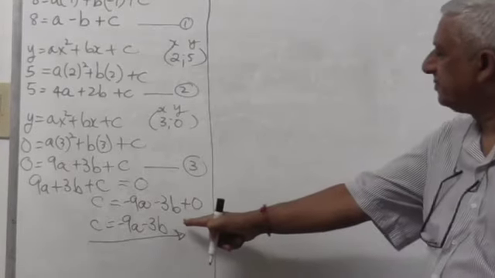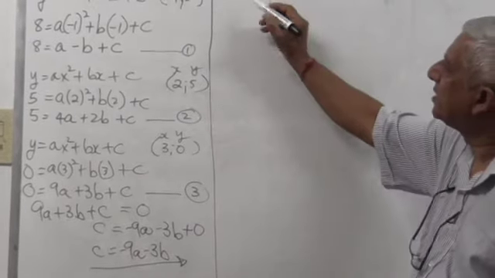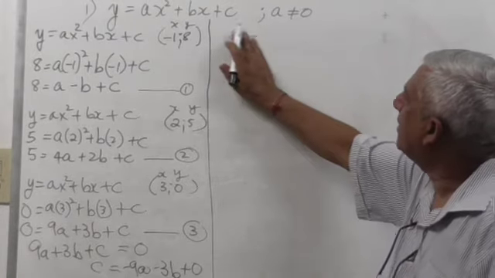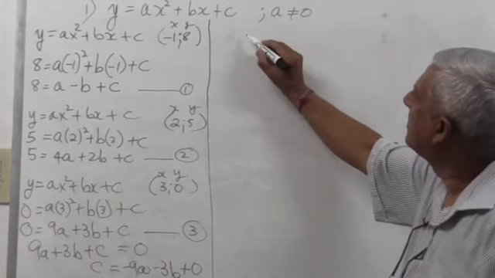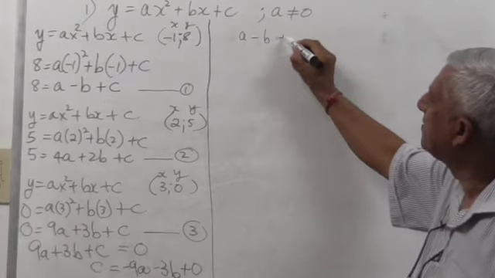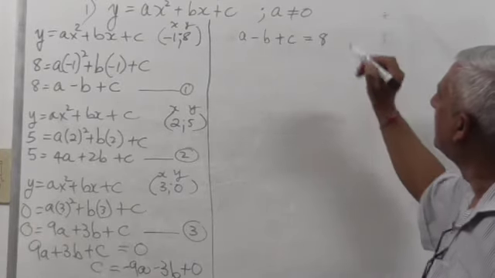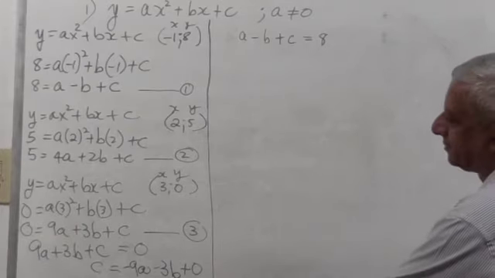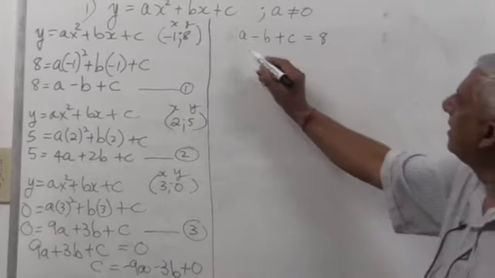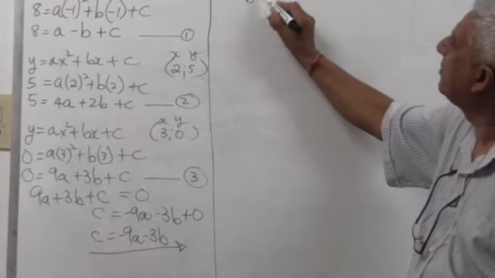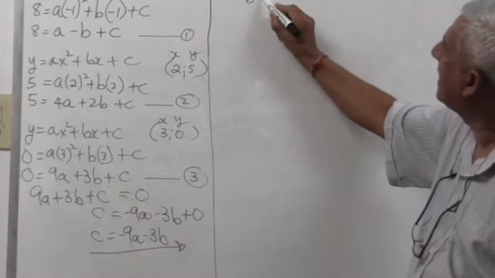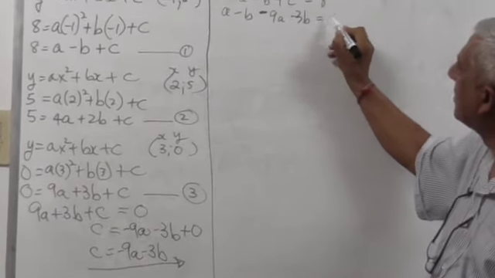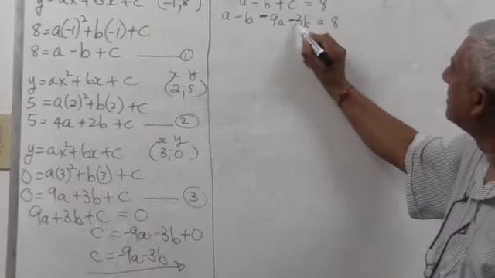So you have the first equation, which is 8. Now I'm just going to write it like this. It's better for me to write a minus b plus c is equal to 8. But I know what c is. a is there, b is there, but c is minus 9a minus 3b is equal to 8.